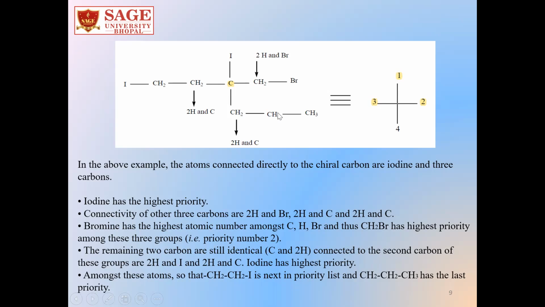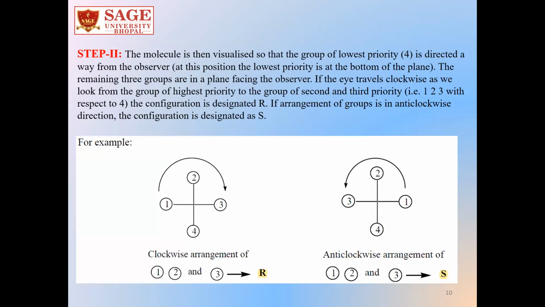But here, this was the first carbon and this was the second carbon, and this is attached to 2 hydrogen and 1 carbon. So we can say that the side where it is attached to the iodine will have priority number 3, and this side will be given priority number 4, that is the last priority. So first we have to order the priority and name accordingly 1, 2, 3, 4.